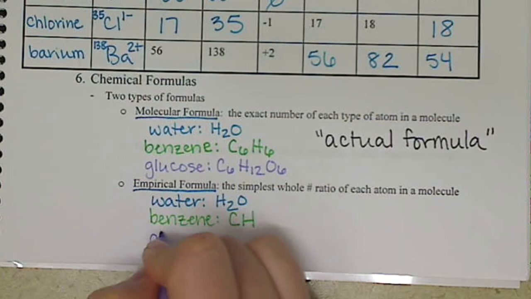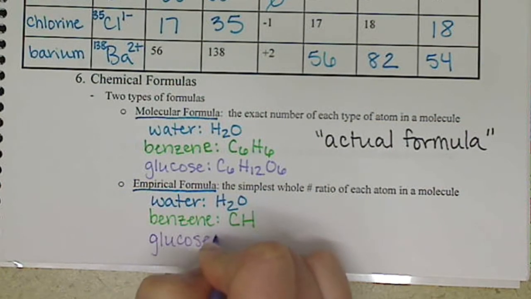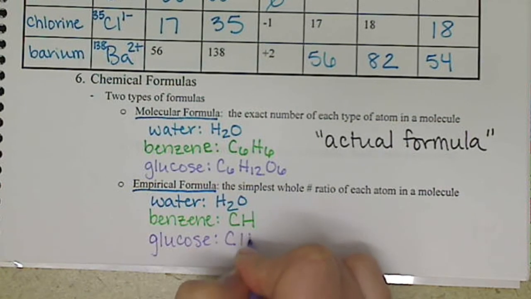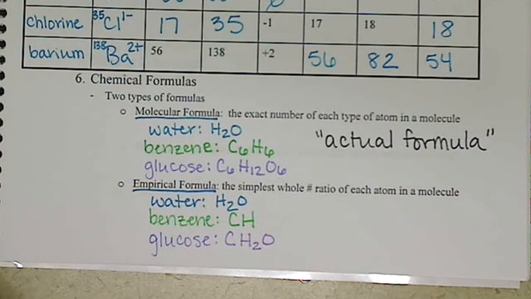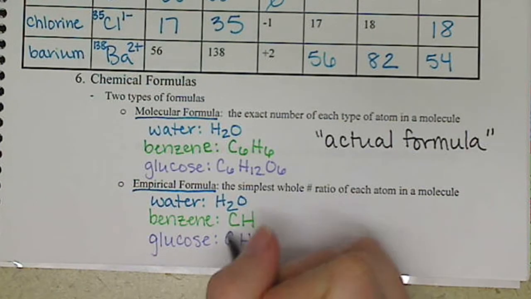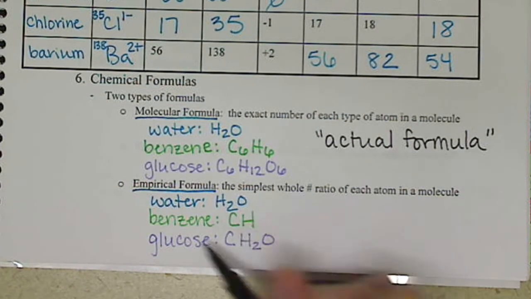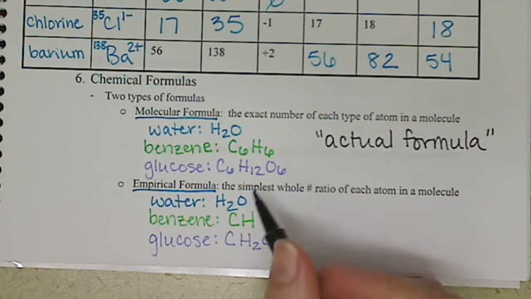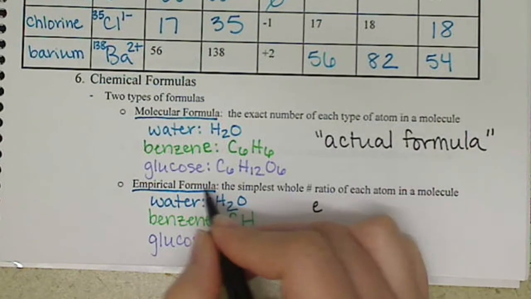And then our glucose, we're looking at CH2O. Sometimes empirical formula is helpful. If we were to try and experimentally determine our formula, we're always going to start with the empirical formula.